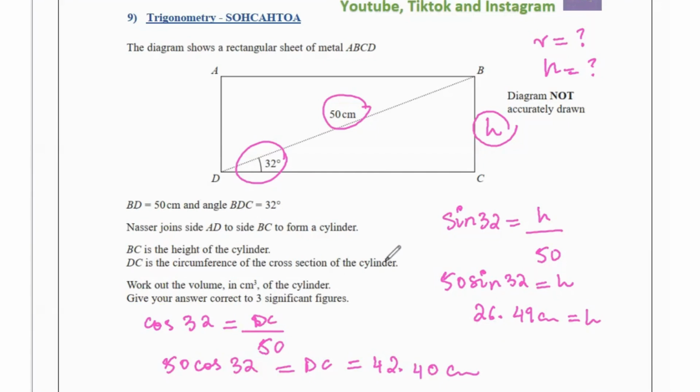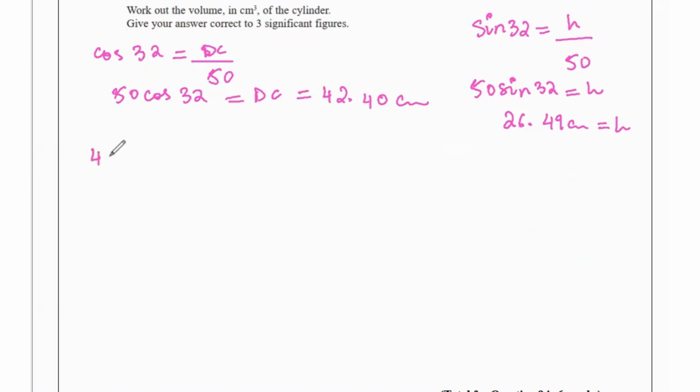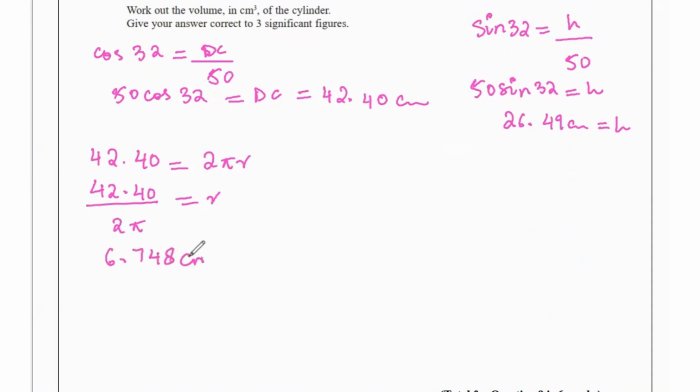So that means we put 42.40 equal to the circumference of the circle formula, and through that we find the radius. So 42.40 equals 2 pi r. 2 pi r is the formula for the circumference of a circle. 42.40 divided by 2 pi equals r, which is 6.748 centimeters.